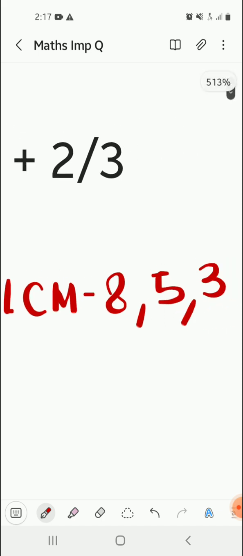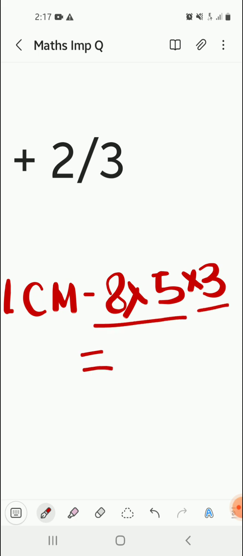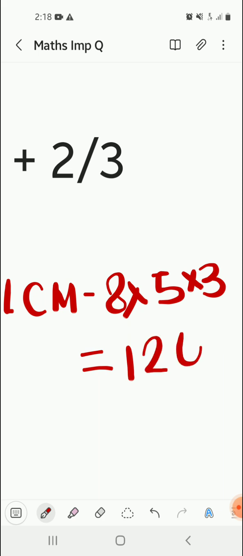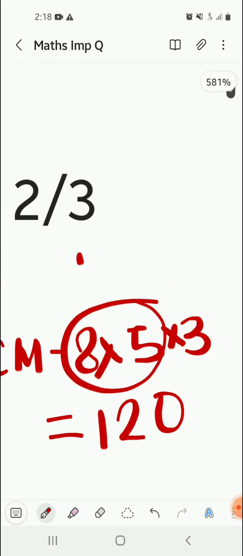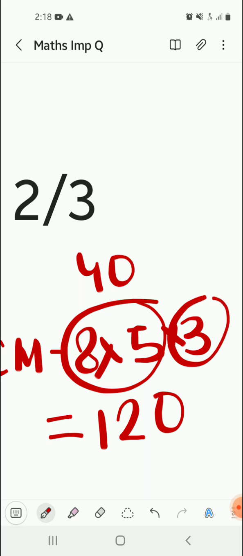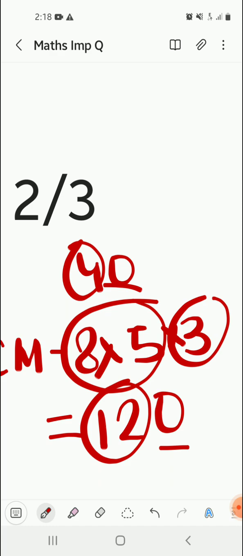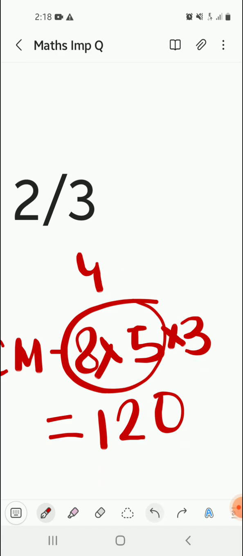So LCM will be 8 into 5 into 3, which is 8 into 5, 40, 40 into 3, 4 into 3, 120. See, 8 into 5 is 40, into 3, 4 into 3 is 12, and the 0. So this is how you can do it.